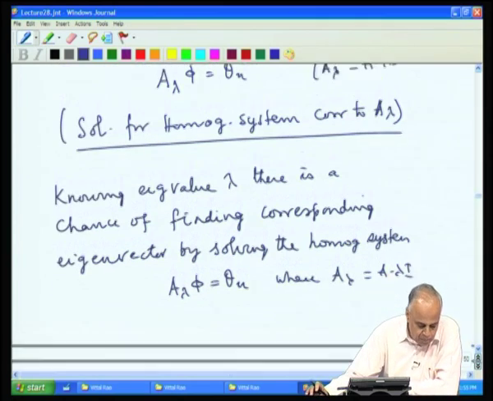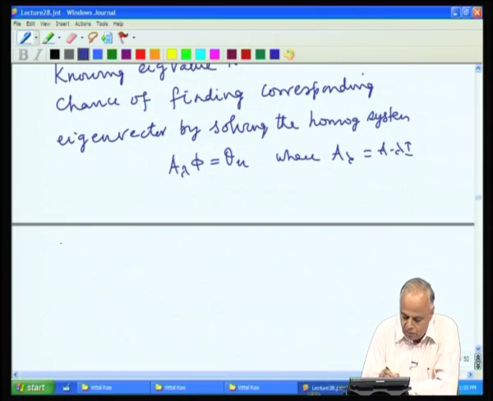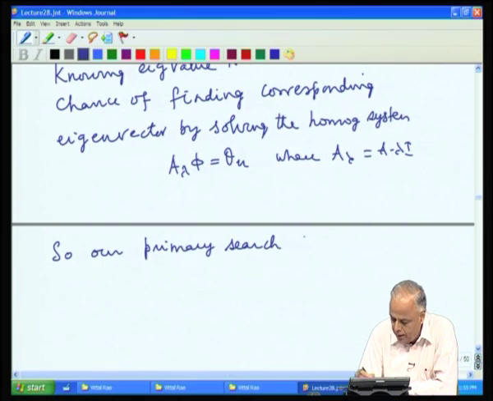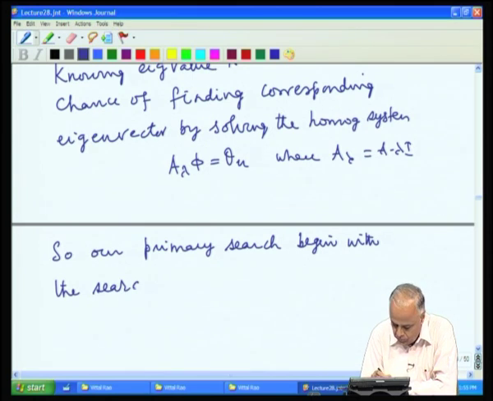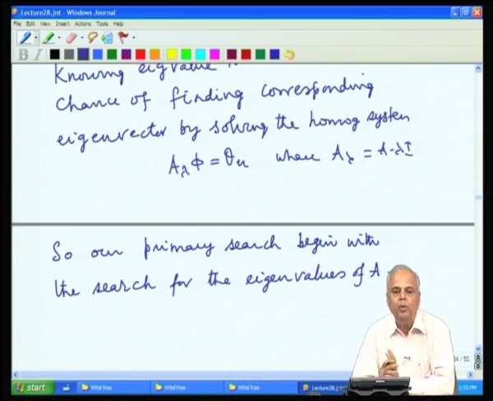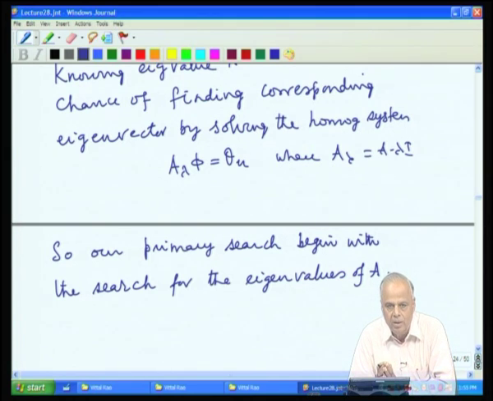So, our primary search should be for the eigenvalues. Our primary search begins with the search for the eigenvalues of A. Therefore, our next study will be, given a matrix A, where do I look for eigenvalues?